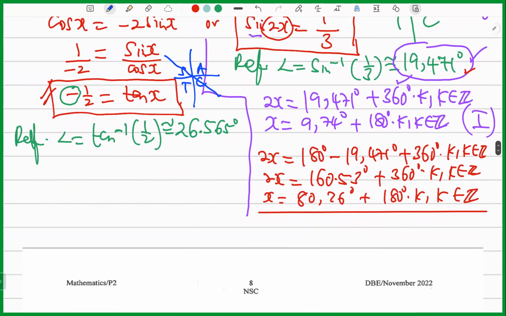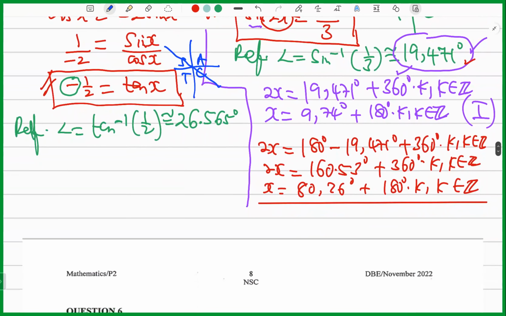We want to get an angle that is in the second quadrant because that is where the tangent is negative. How do we do it? Using a reference angle. So we take x equal to 180 degrees minus the reference angle of 26.565 degrees, because 180 degrees minus is in the second quadrant.